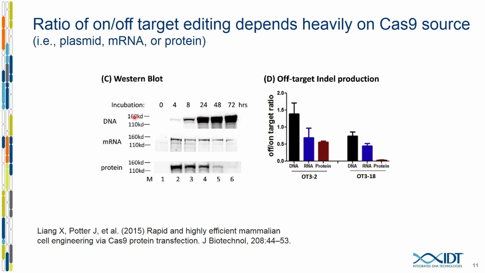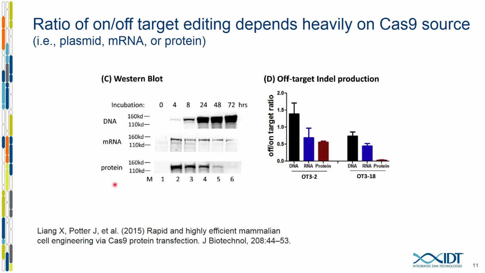And what they show here is with DNA plasmid-based Cas9 expression, it actually takes a few hours to get Cas9 present to its steady state level in the cell. And then it's also stable out to 72 hours. So it comes on pretty strong after some time and is not easily gotten rid of. With mRNA, you seem to see Cas9 produced a little sooner, but it also seems to be very stable as a function of time.